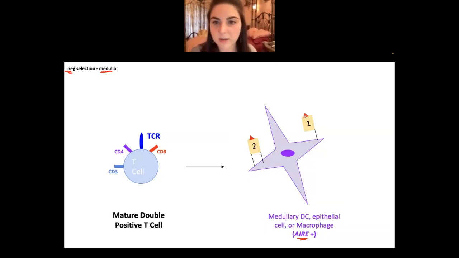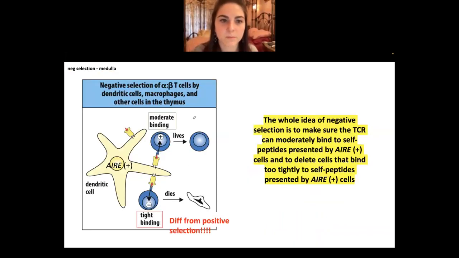Okay, so these medullary cells look exactly like the cortical epithelial cells, but now they have both MHC1 and MHC2 on their surface, loaded with self-antigen, and they're going to be AIRE positive. So here's an AIRE positive dendritic cell, so we know this is a medullary dendritic cell. And now at this point, we want to make sure that the TCR can bind moderately to self-peptides presented by AIRE and to delete cells that bind too tightly.